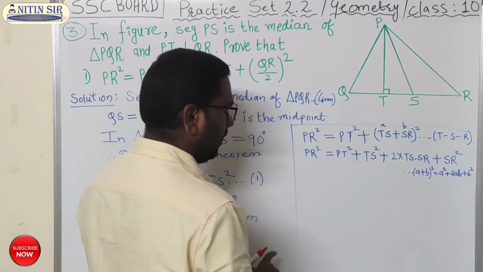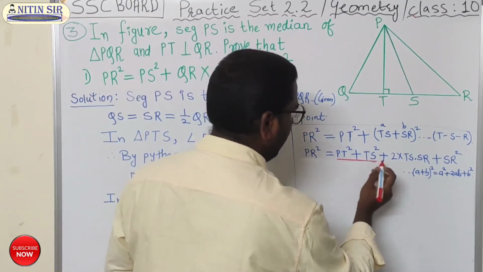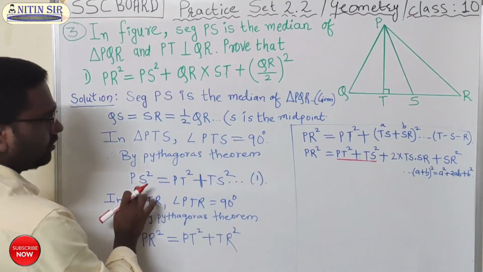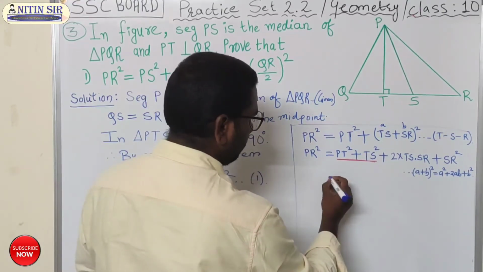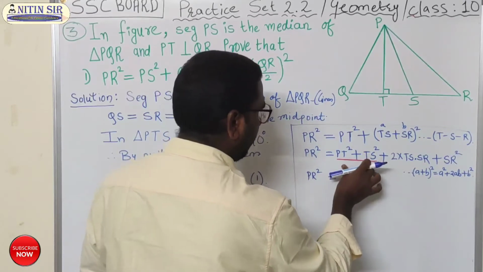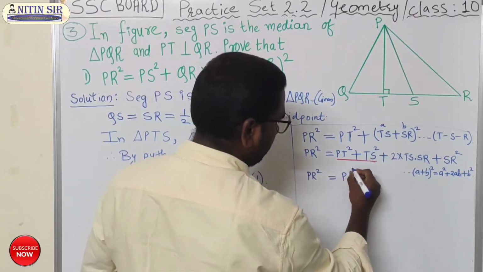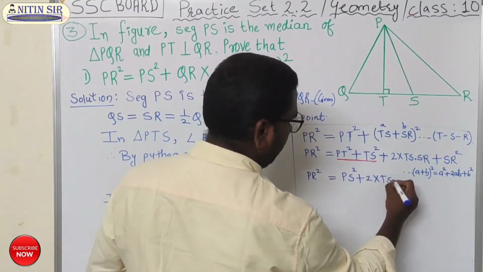Now when you look here, PT plus TR, PT plus TS, PT square plus TS square is what? PS square. So we'll write here, this is equal to PR square is equal to PT square plus TS square. See, PT plus TS is what? PS square. So PS square plus 2 into TS.